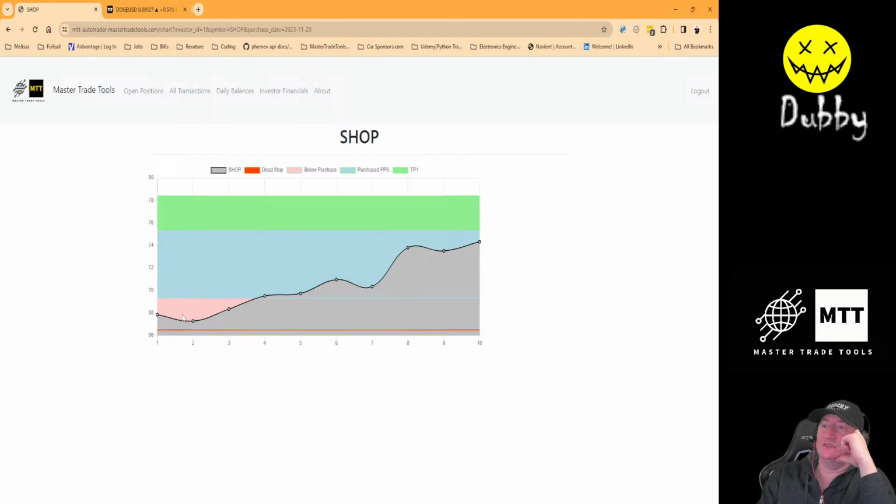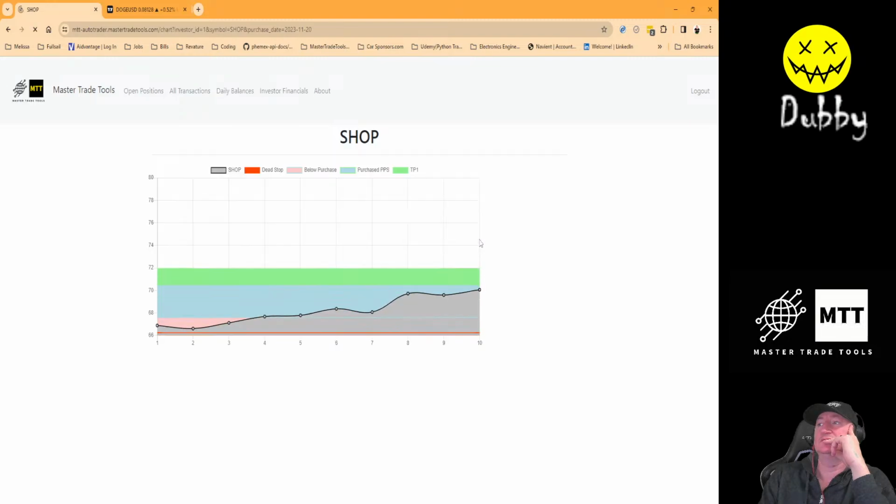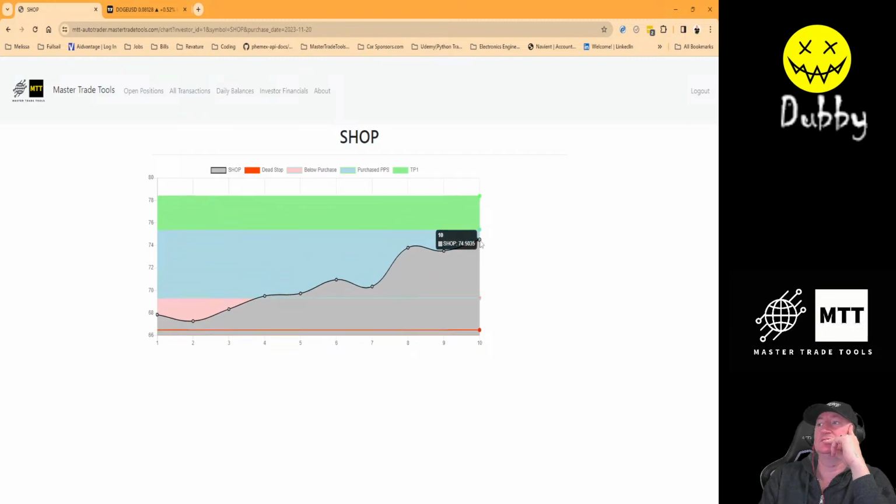All right, so as you can see, we were in the red to start with, but a continuous bullish trend. We are currently at 74.31, and our take profit point is 74.50. I think we might actually close this out today. That would be nice. Get some profit showing.